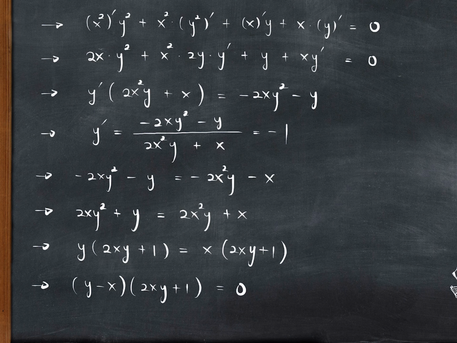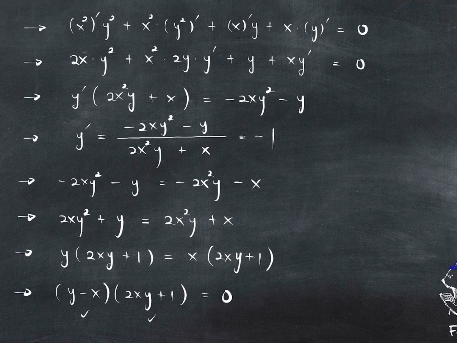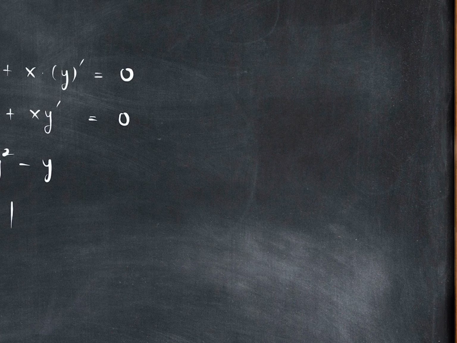Now this is actually very interesting, because if two things have a product of 0, that means either y minus x is 0 or 2xy plus 1 is 0. So let's consider both situations and see what we can do.